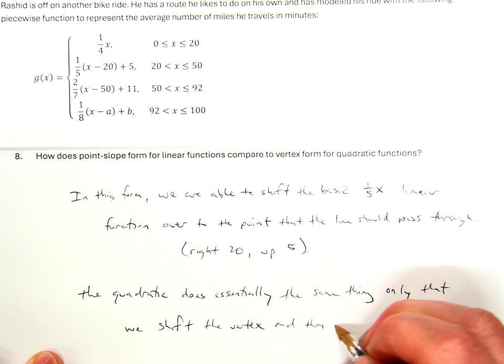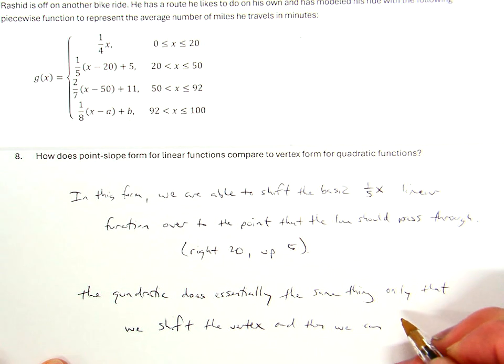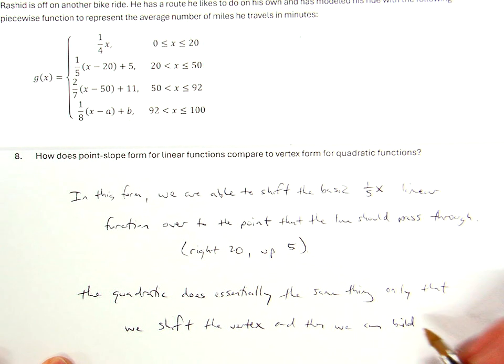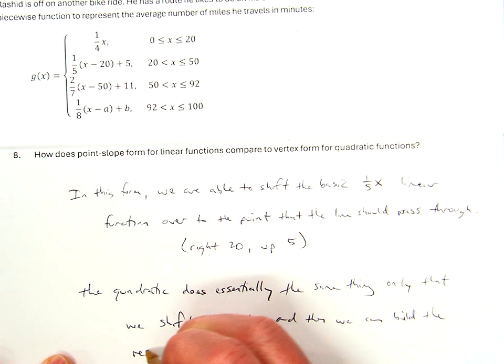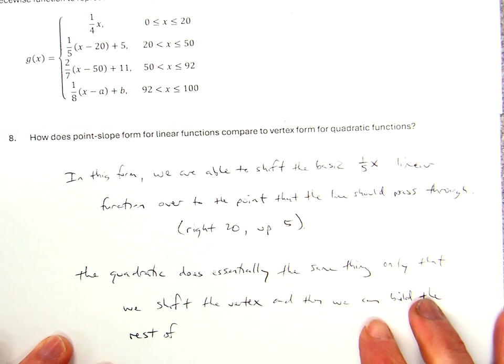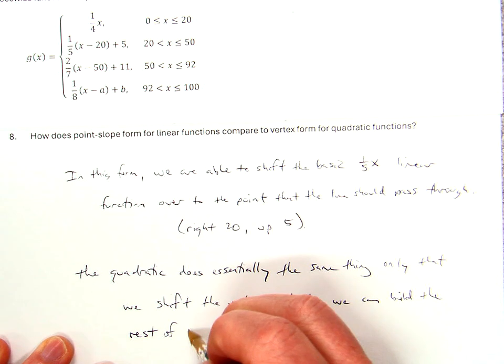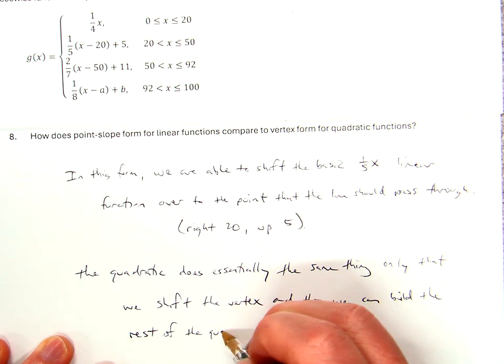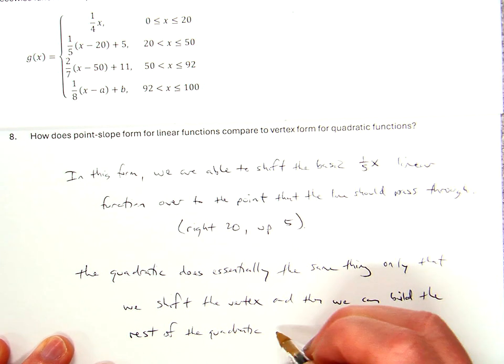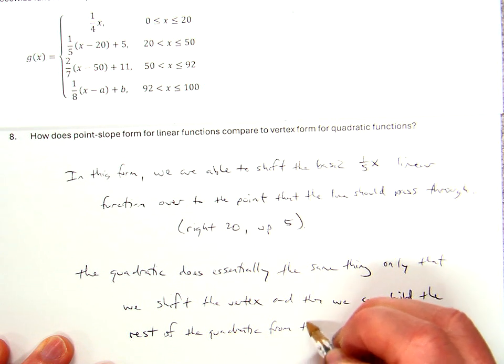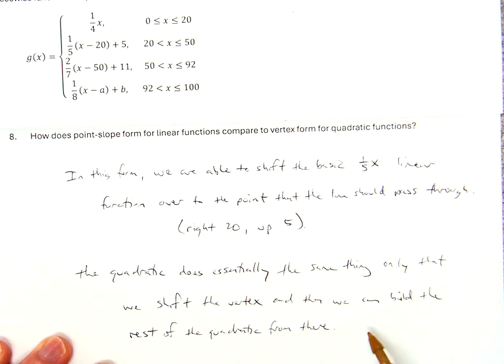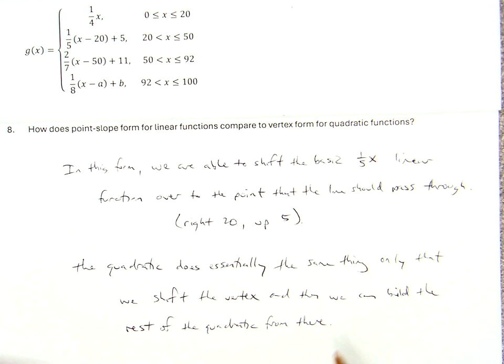And then we can build the rest of the quadratic from there. Because once we move the vertex, we use the a value.